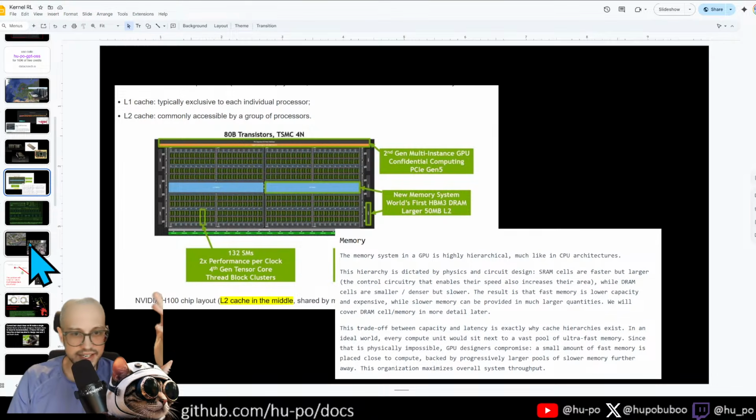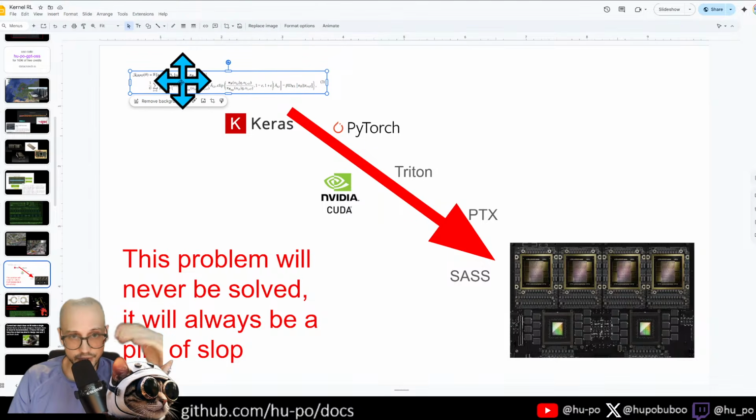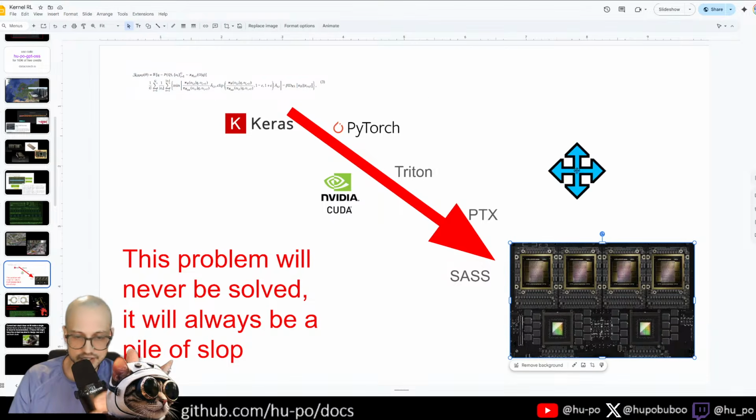So fundamentally, one thing I want to point out here is that this problem will never be solved, and it will always be a pile of slop, right? On one side, for example, here is the actual math equation for GRPO. And then on the other side, you have an actual GPU running that algorithm, right?